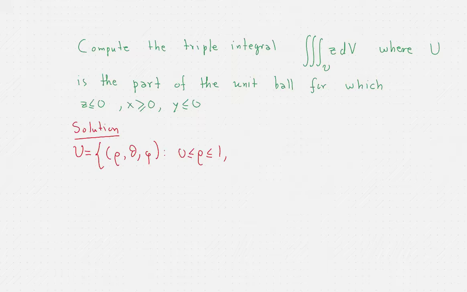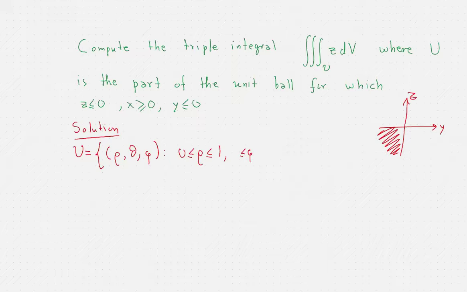So if we were to sketch the, let's say, yz plane, then we are exactly here. And this implies that phi is between pi over 2 and pi.